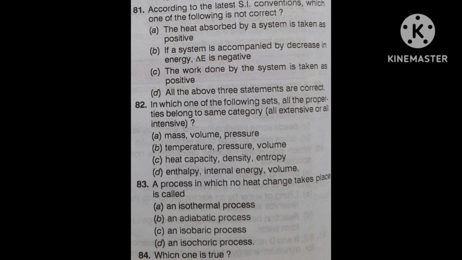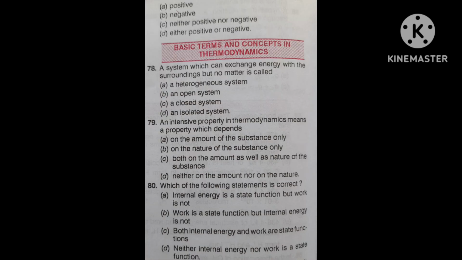In which of the following sets all the properties belong to the same category? All extensive or all intensive, whatever it may be. I am repeating the question. In which one of the following sets all the properties belong to the same category, all extensive or all intensive?